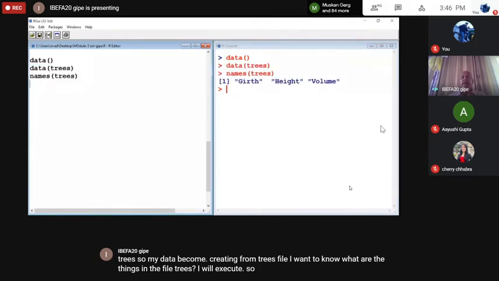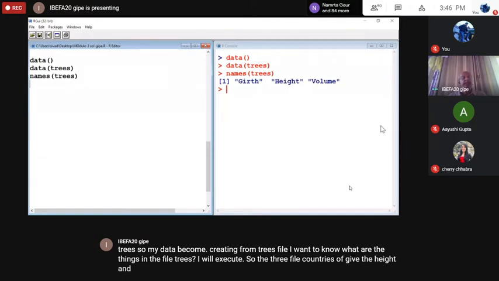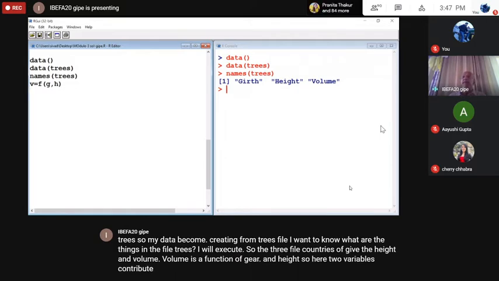So the trees file consists of girth, height, and volume. Volume is a function of girth and height. So here two variables contribute to the dependent variable V. This is multiple regression. At present, I am not going to do it.